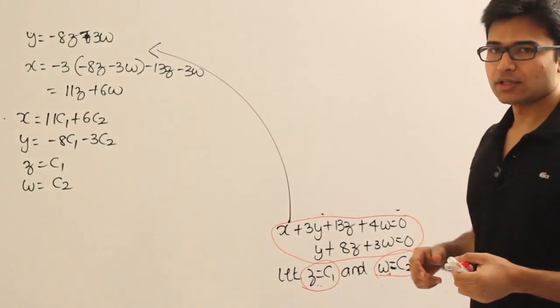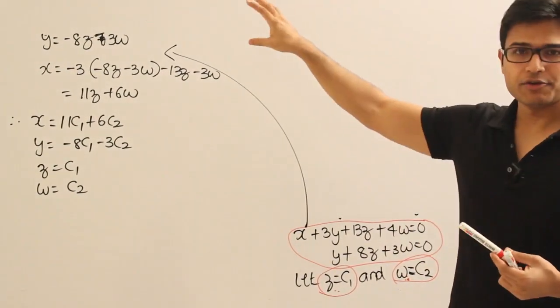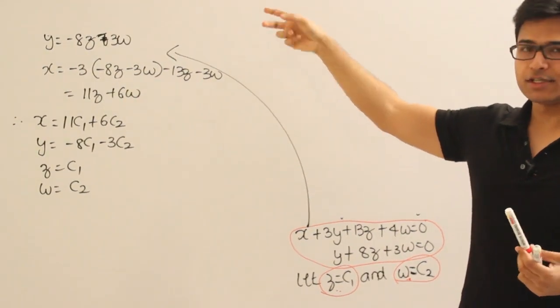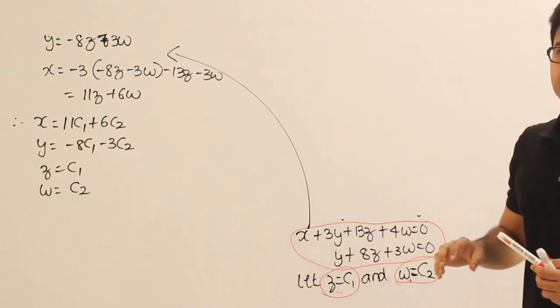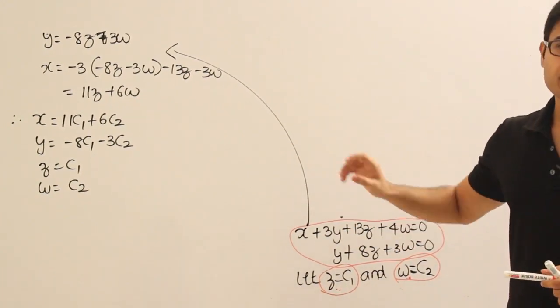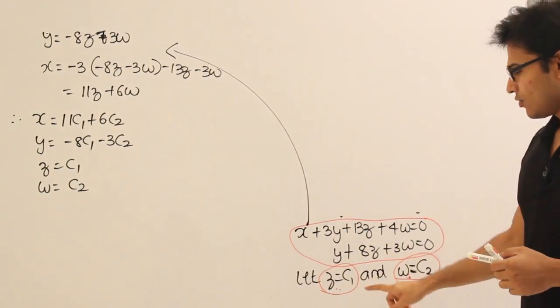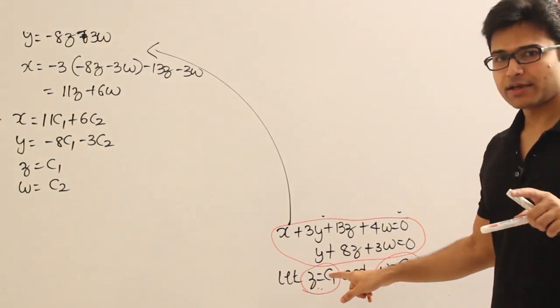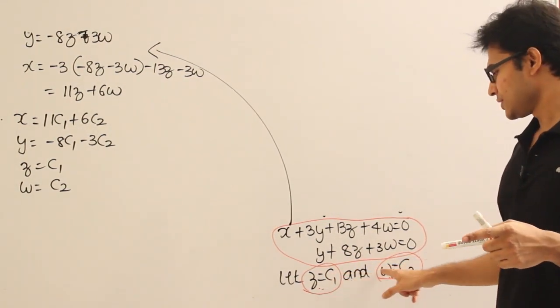Let's continue to solve the previous equations. Earlier I gave you 4 equations, and after the echelon form we got these 2 equations, and both are equivalent. Now using these 2 equations I am trying to find the values of the unknowns. Now z and w, as I just said, are assigned c1 and c2.